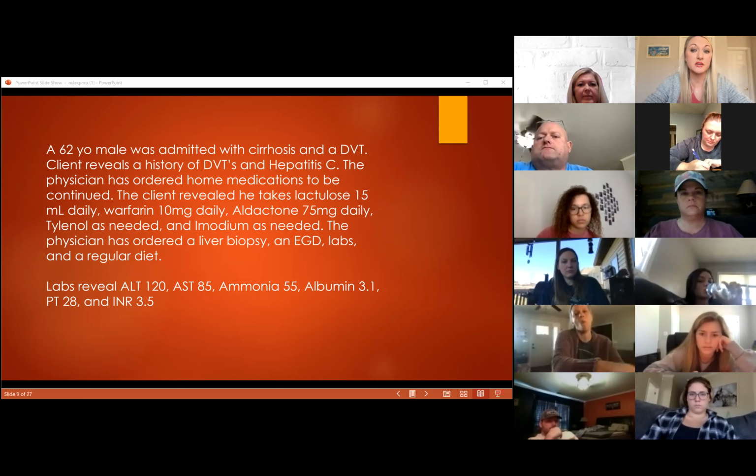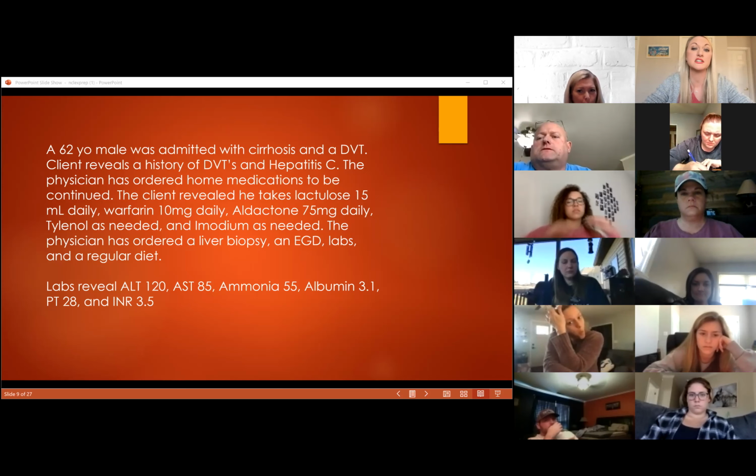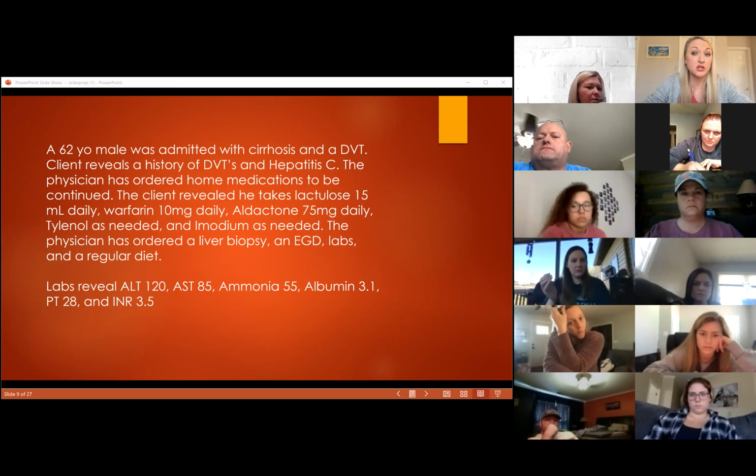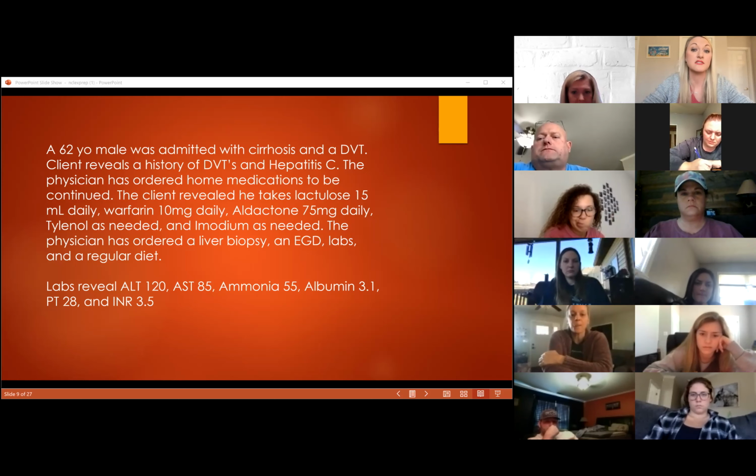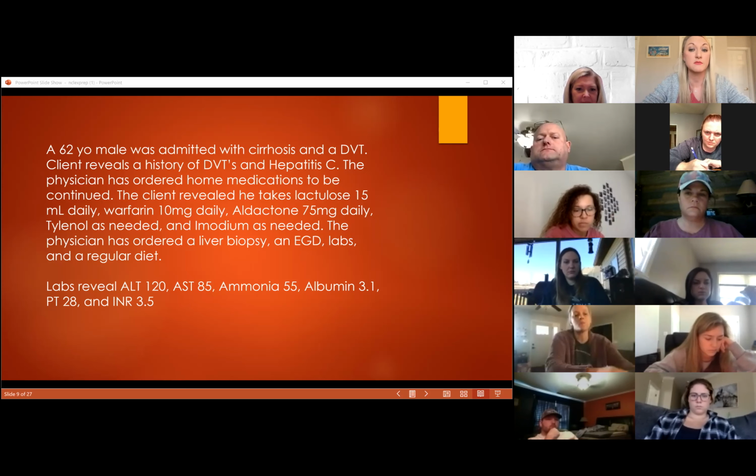The client revealed he takes lactulose 15 milliliters daily, warfarin 10 milligrams daily, Aldactone 75 milligrams daily, Tylenol as needed, and Imodium as needed. The physician has ordered a liver biopsy, an EGD, labs, and a regular diet. Labs reveal ALT 120, AST 85, ammonia 55, albumin 3.1, PT 28, and INR 3.5.